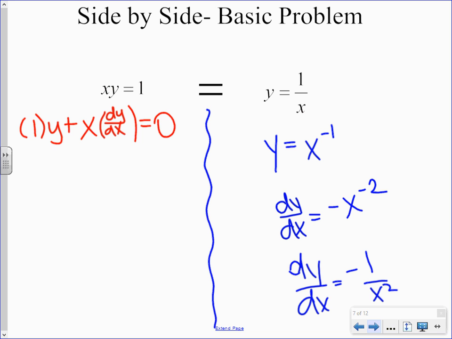Be very careful. When there's a constant alone on this right side, sometimes it is very easy for us to overlook that the derivative of a constant is 0. So just be careful.